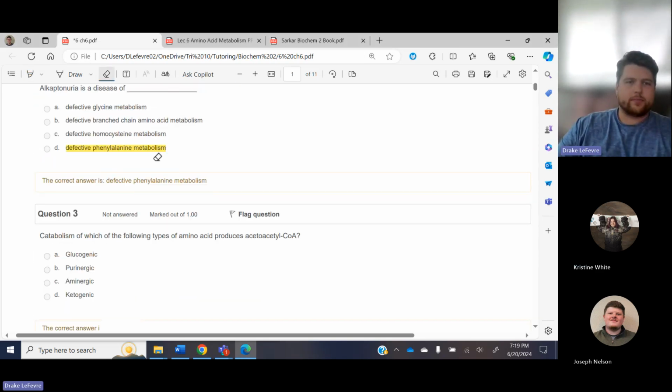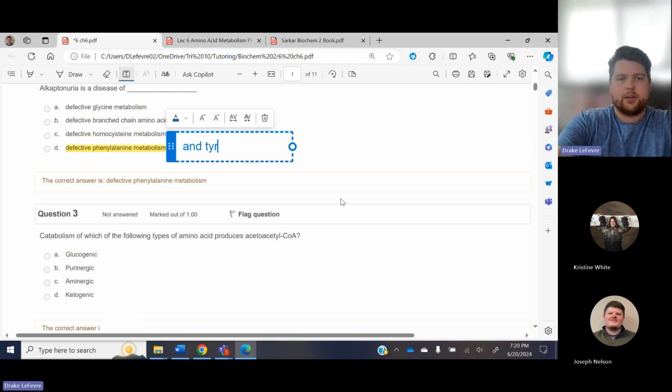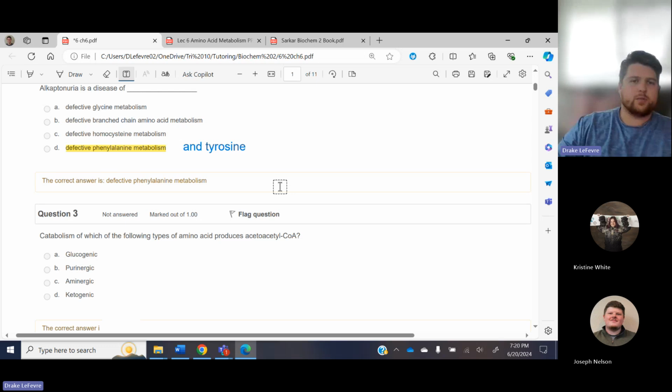So it's defective phenylalanine metabolism. It's also tyrosine, so if that pops up there as well.